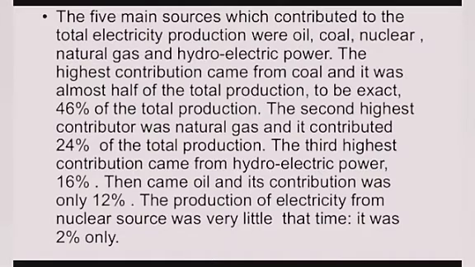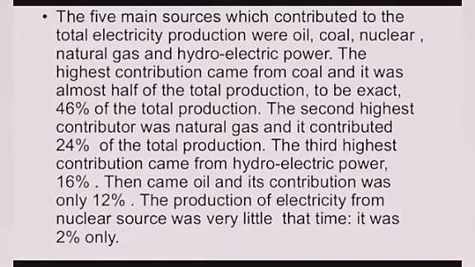What was their contribution? The highest contribution came from coal, and it was almost half of the total production. To be exact, 46% of the total production. That means coal is the highest contributor to the total electricity production of the USA.